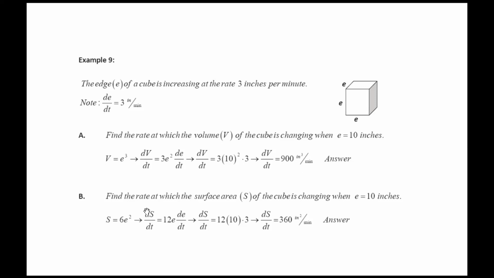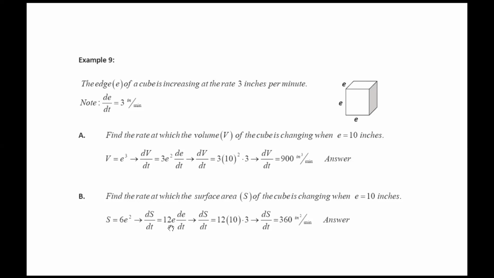For part B, we want to find the rate at which the surface area is changing. Well, a cube has 6 surfaces, and they're all squares. So the area of each surface is E squared, and there are 6 of these. Hence, this is the formula for the surface area of a cube, 6E squared. And we want dS/dt. So dS/dt is 12E dE/dt.